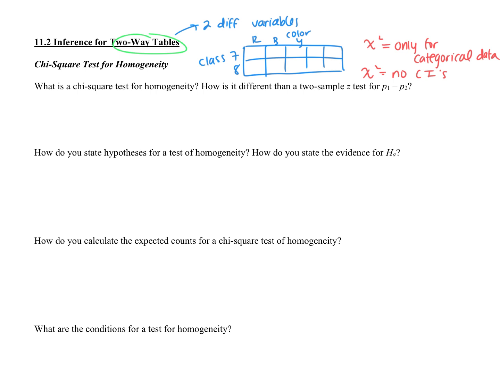So the first test that we are going to take a look at is called a chi-square test for either homogeneity or homogeneity. You're going to hear it pronounced either way.